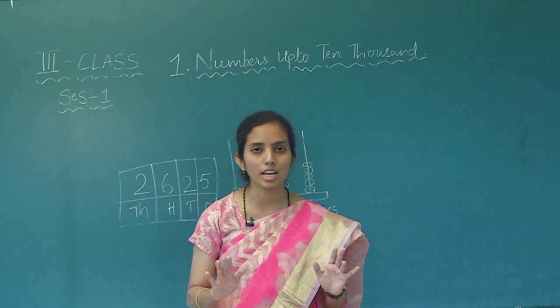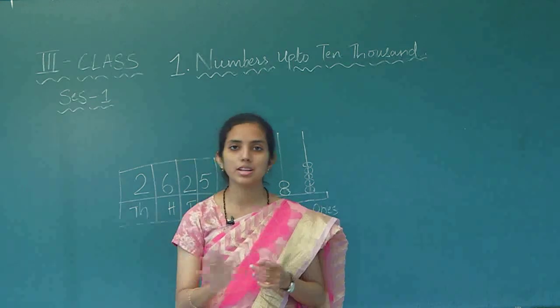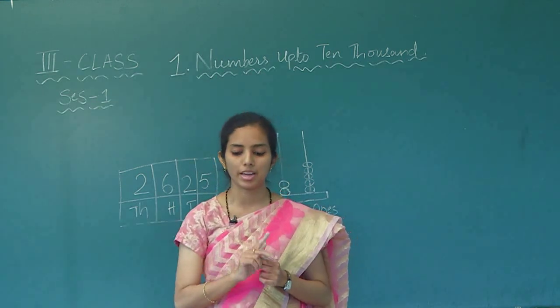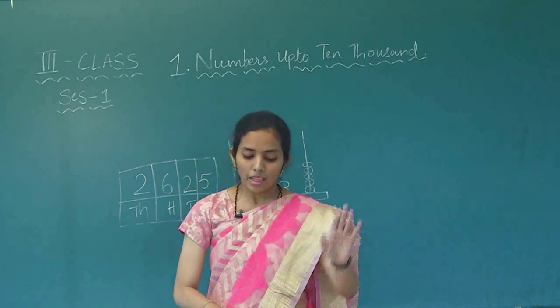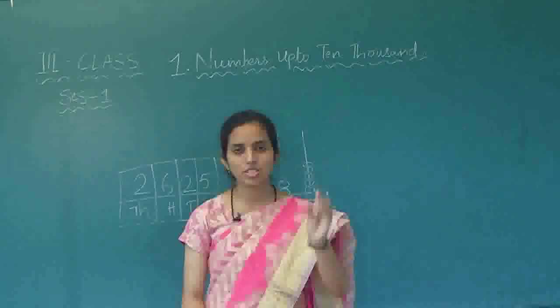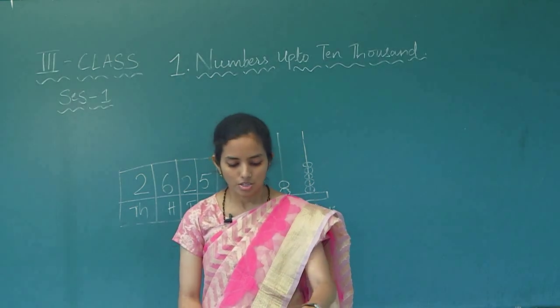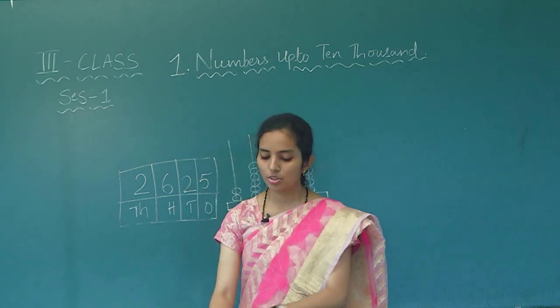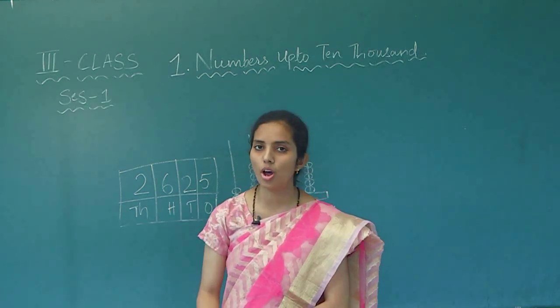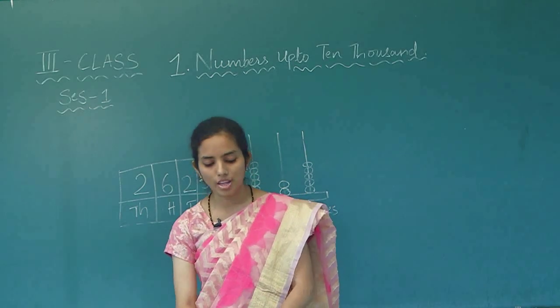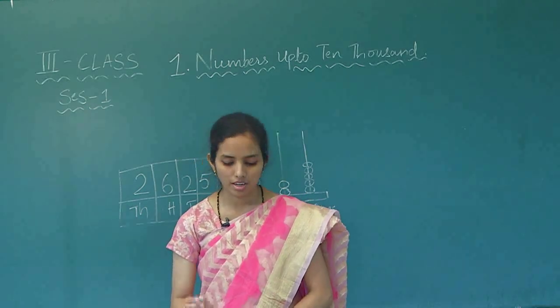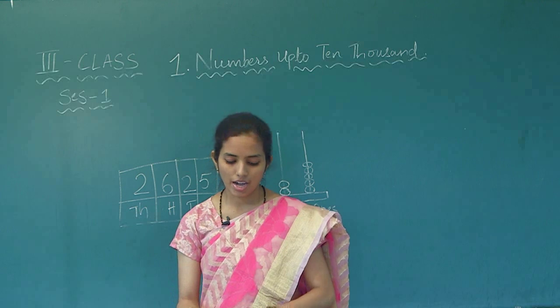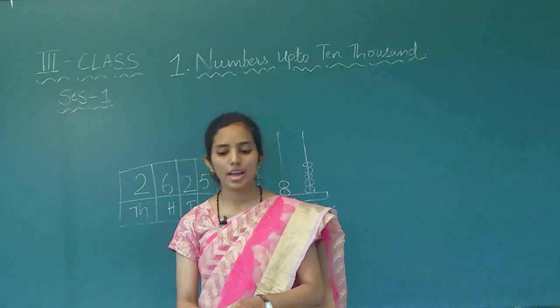Tens place is 0, so we don't represent any beads on the tens spike, and in ones place we just draw 5 beads. There is one more example, 9008. You know 9008 has no hundreds and no tens. So for 9000 on the 1000 spike he has drawn 9 beads, and on ones place he has drawn 8 beads.